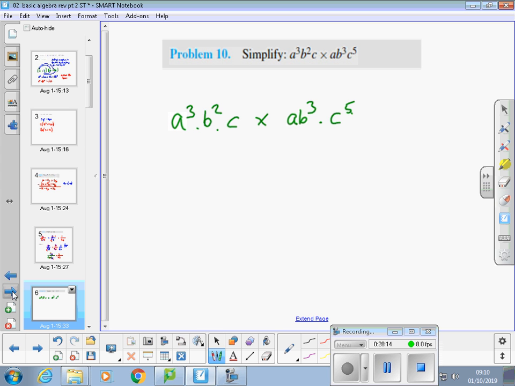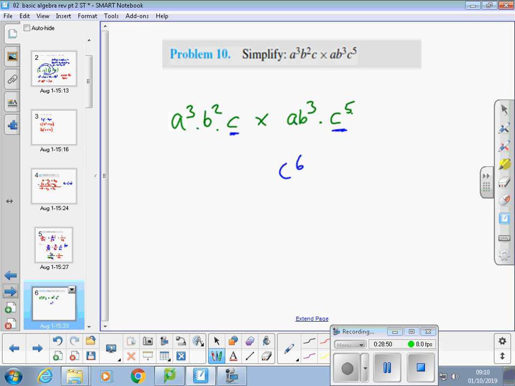Well, we've got like terms in here. We've got 2 like terms in c, so c times c to the 5 is c to the 6. Any other like terms? Where's a to the 4?